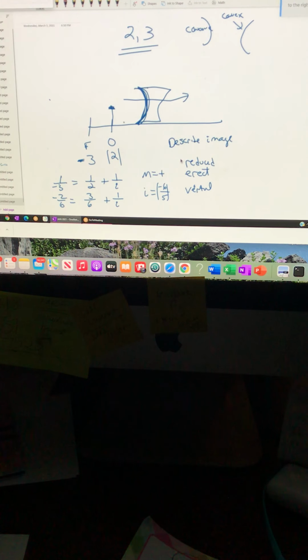So you got this little reduced image. Hello, I'm the image, to the right of O. How about between O and the lens? Can we say that on the left-hand side? Here's my little image, and it's looking very erect. It's virtual because the light really is here. So it's virtual. That is our image.